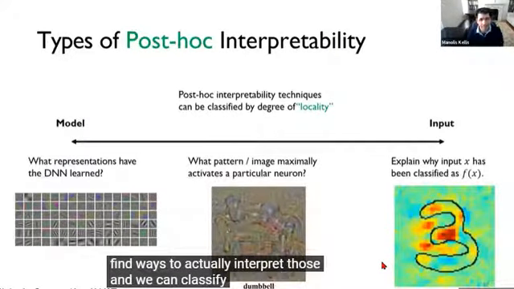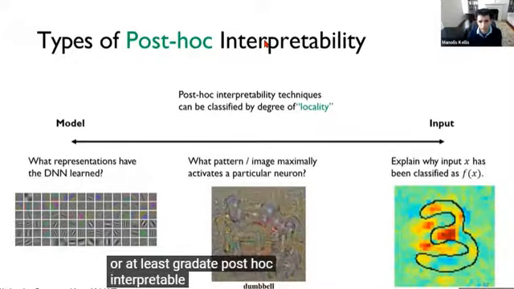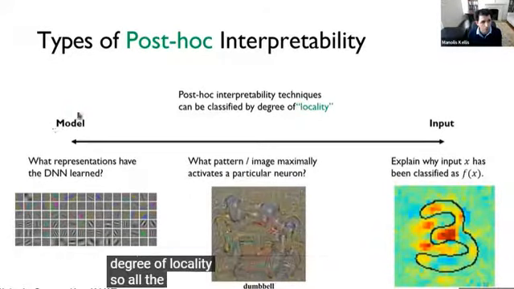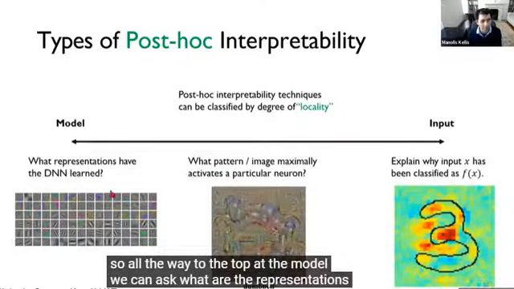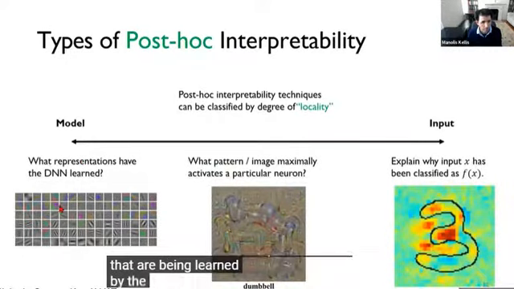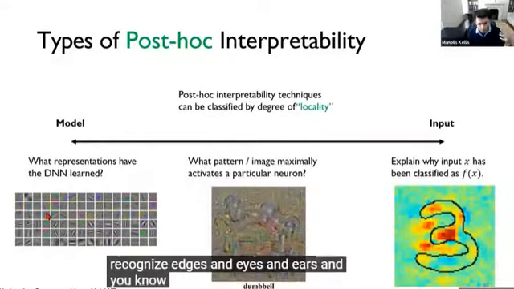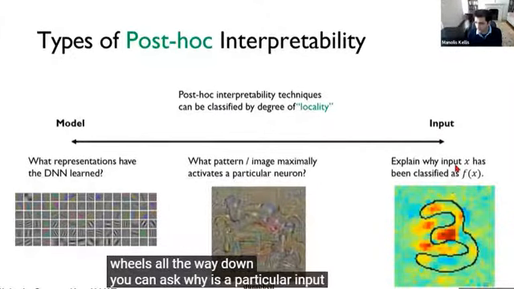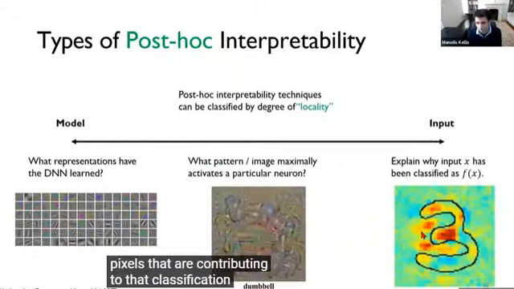And we can classify, or at least gradate, post hoc interpretable methods based on their degree of locality. All the way to the top, at the model, we can ask, what are the representations being learned by the model? So basically, how do I recognize edges and eyes and ears and wheels? All the way down, you can ask, why is a particular input classified this way? And what are the pixels that are contributing to that classification?